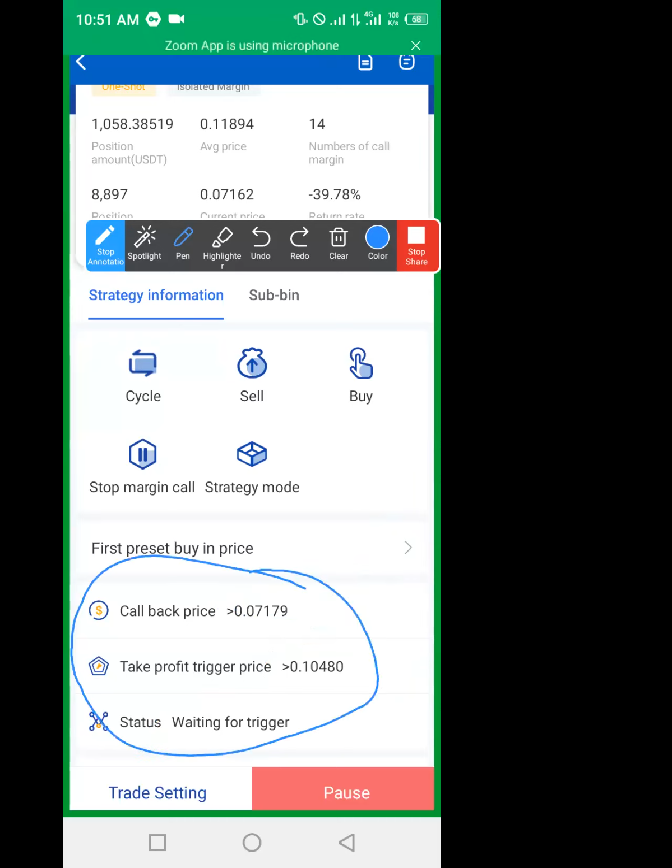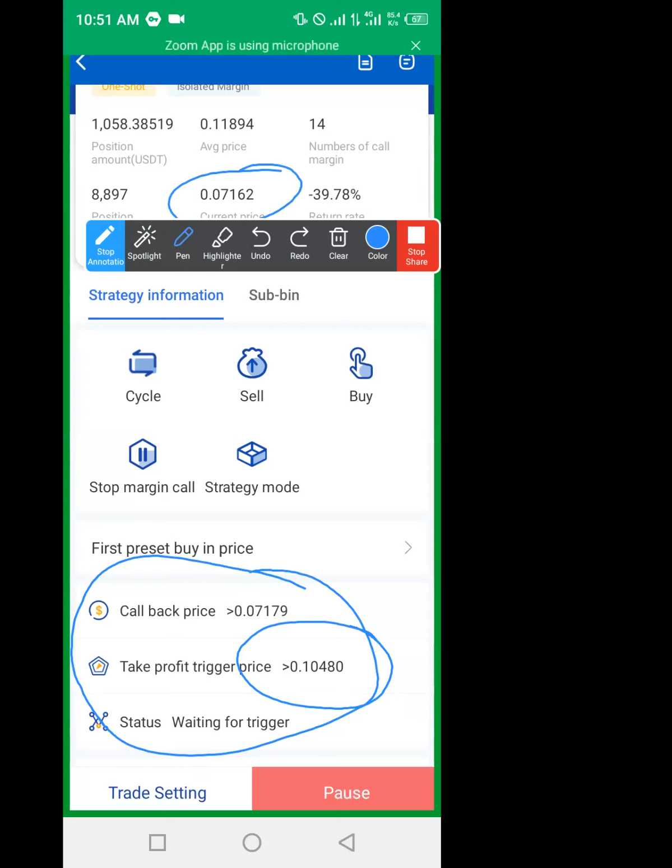So you can say, okay, take profit trigger price for the next margin call, the 14th one, is 0.1048. Now, what is the current price? 0.07162. It means I still have to wait for some time. The 14th margin call is not yet to be sold right now.